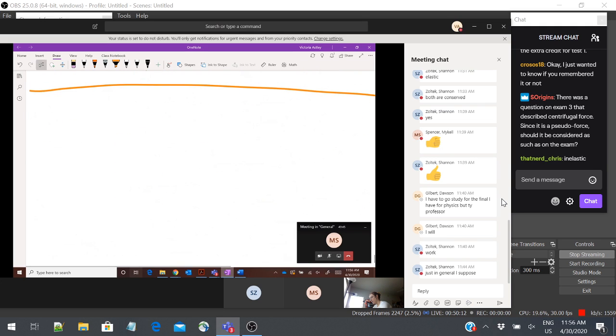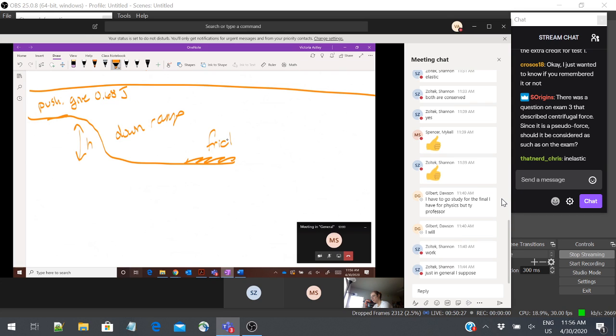So we have a push that gives 0.68 joules, down a ramp, and then friction. So K initial equals 0. Then the work done by the push is 0.68. The work done by gravity is, we don't know.